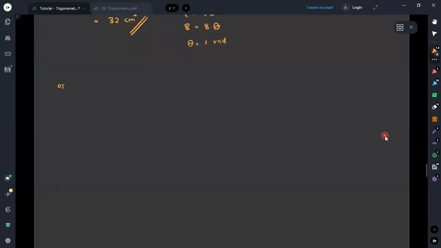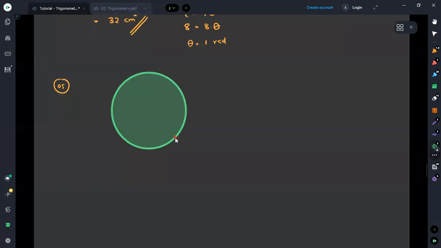In question number 5, the angle is given as 40 degrees, and an arc is formed. This is the circle we are having.